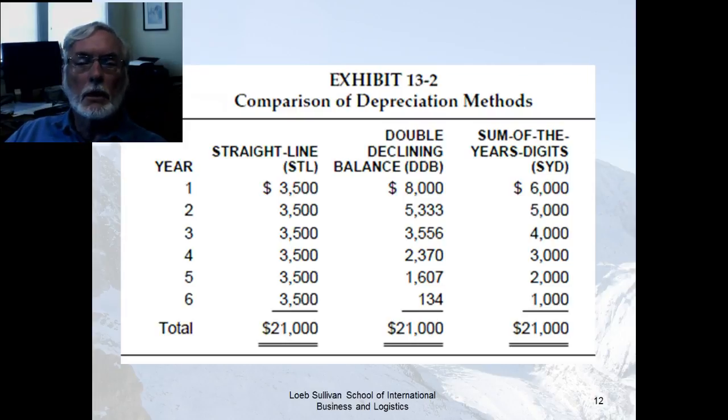So in the straight line method, we're going to take $3,500 per year as a cost allocation. Double declining balance, much more, $8,000 in the first year, but only $100 in the 6th year. And sum of the year's digits, 6, 5, 4, 3, 2, 1. So you're going to take much more in year 1 than in year 6. So those are three, a comparison of straight line to accelerated methods.